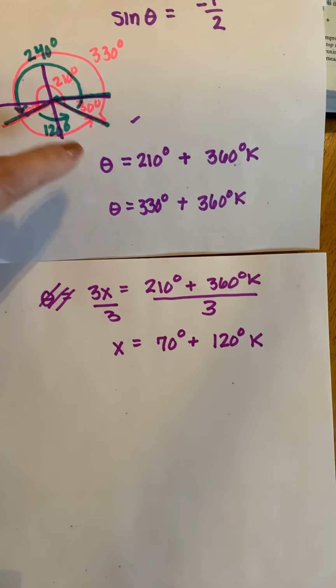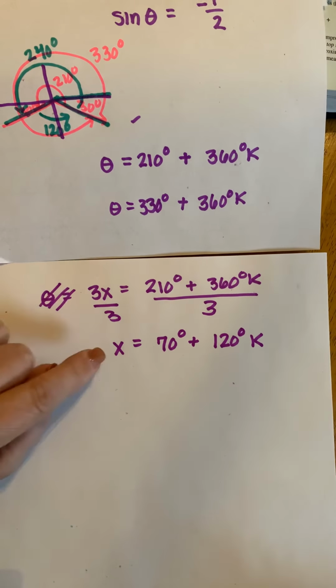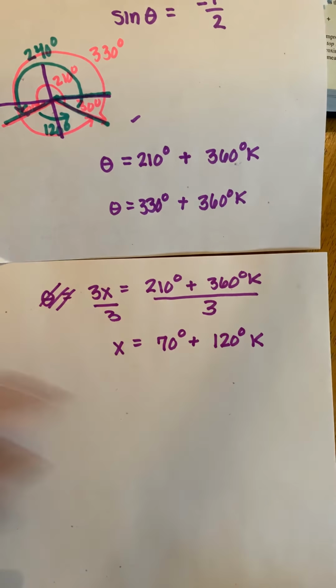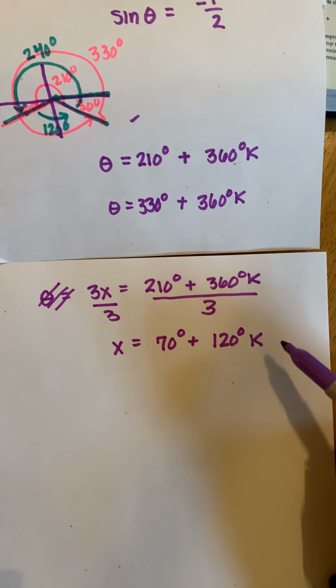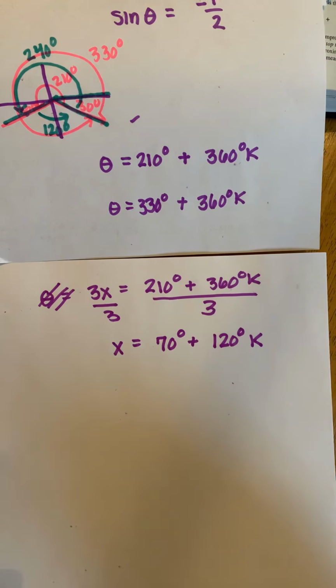So this solution, when theta is equal to 210 and all angles coterminal with 210, is equivalent to 70 degrees plus all multiples of 120 plus 70 degrees. This is going to give you 3 angles between 0 and 360 that's going to solve our original equation.